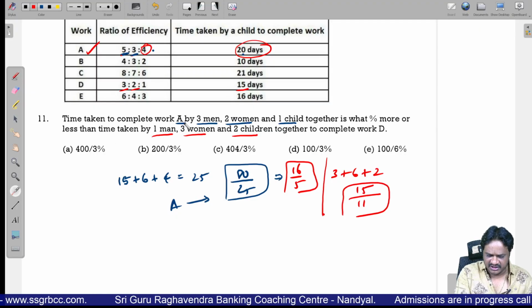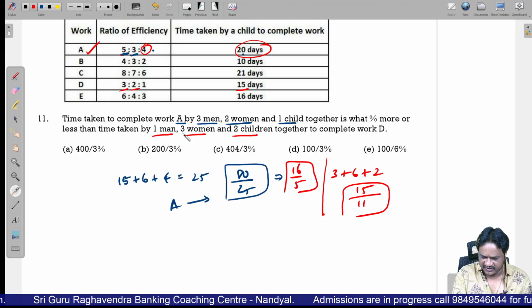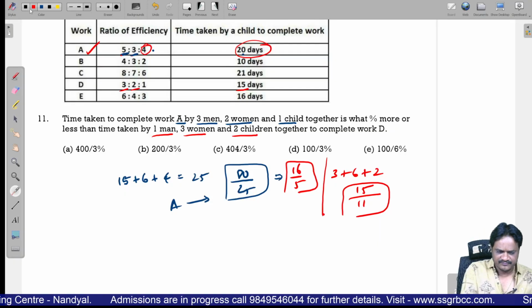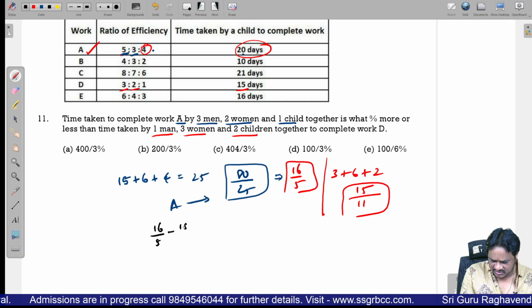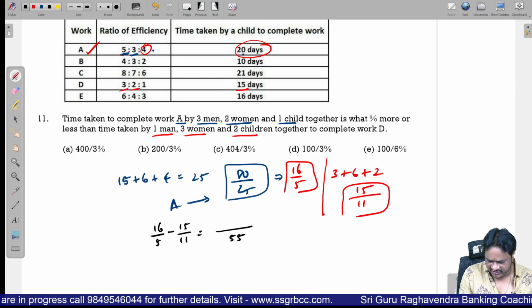So time taken to complete work A by 3 men, 2 women and 1 child is 16 by 5, whereas time taken for D by 1 man, 3 women and 2 children is 15 by 11. This is what percent more than this? We have to subtract 16 by 5 minus 15 by 11. LCM is 55.